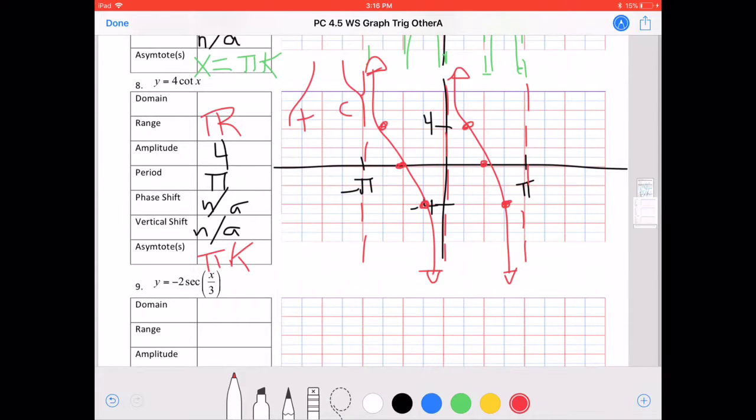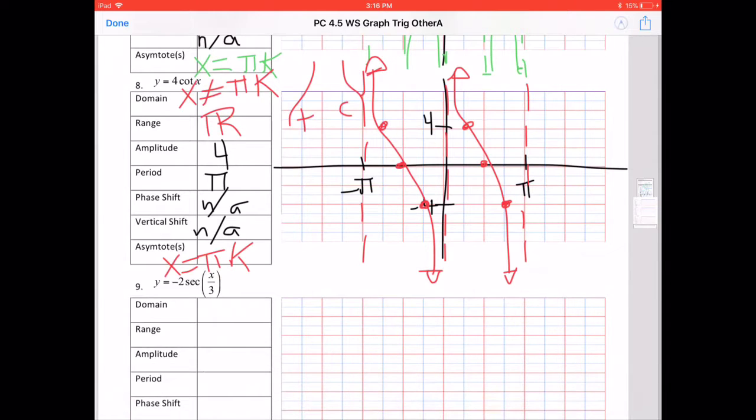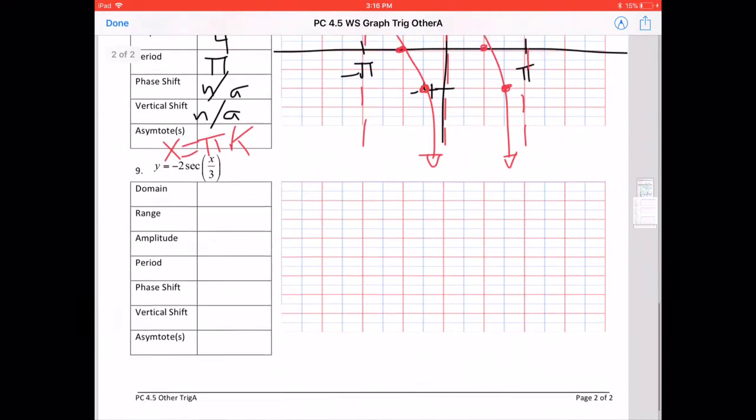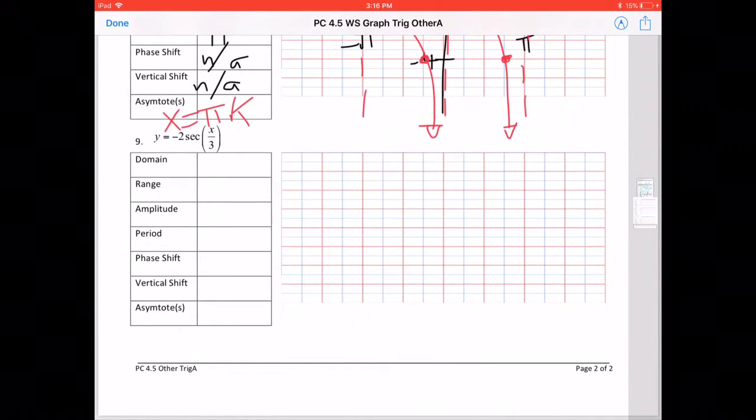So I don't need to add or subtract anything, and then that would be x equals. For domain, it's the same thing, but just x cannot equal anywhere where we have a vertical asymptote. So x cannot equal pi times k.